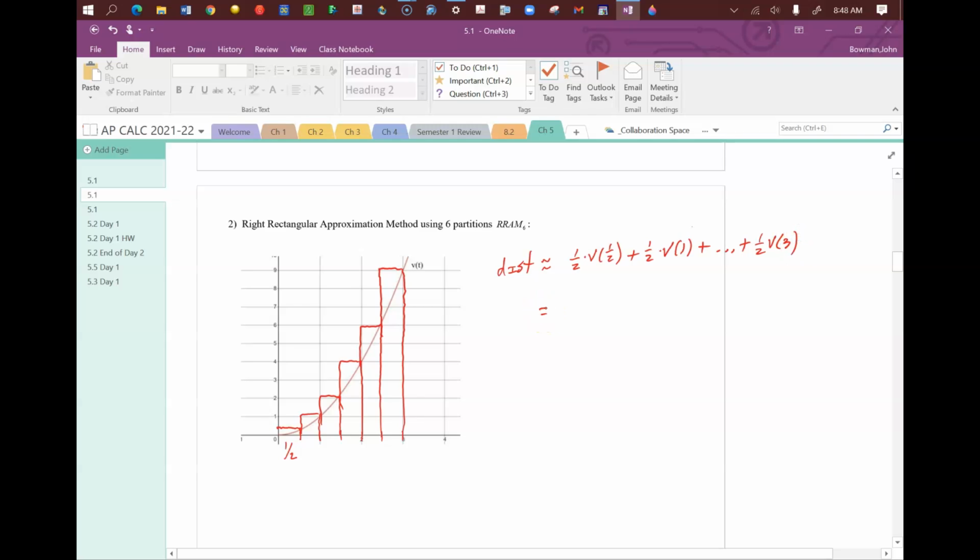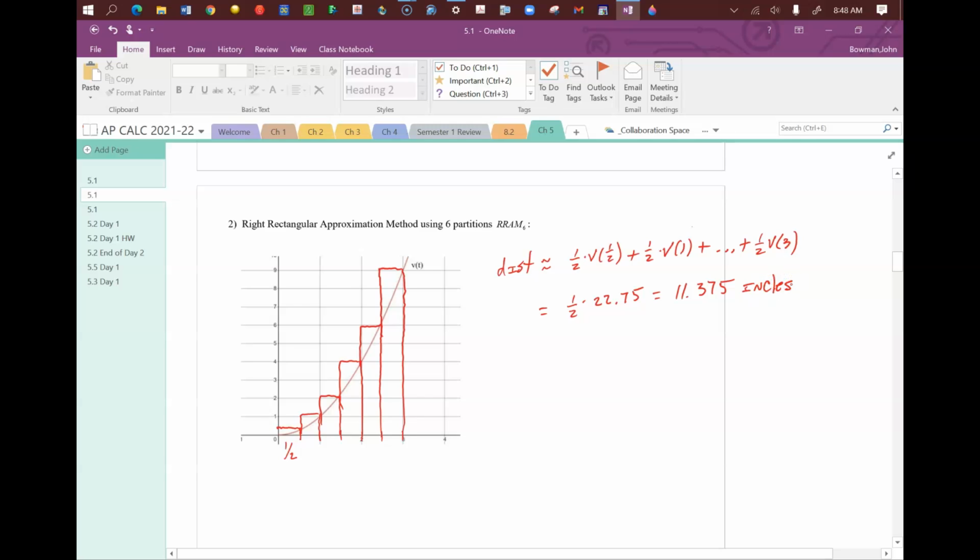And it turns out that that is 1/2 times 22.75, which turns out to be 11.375 inches.